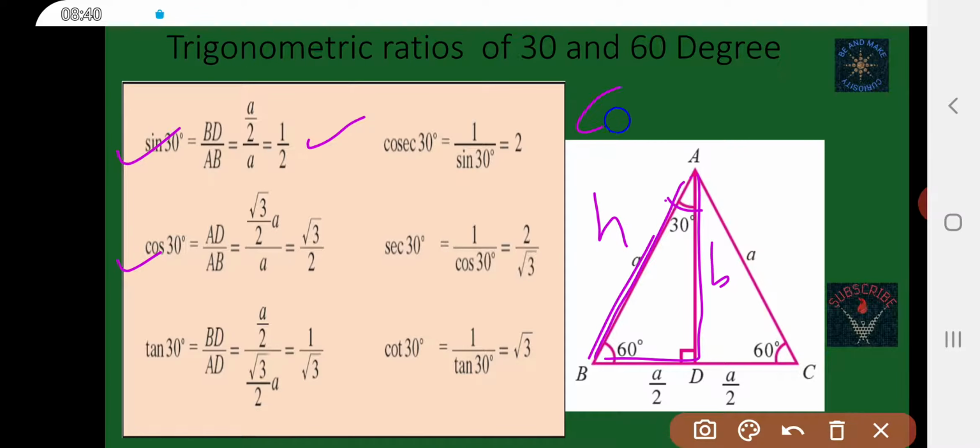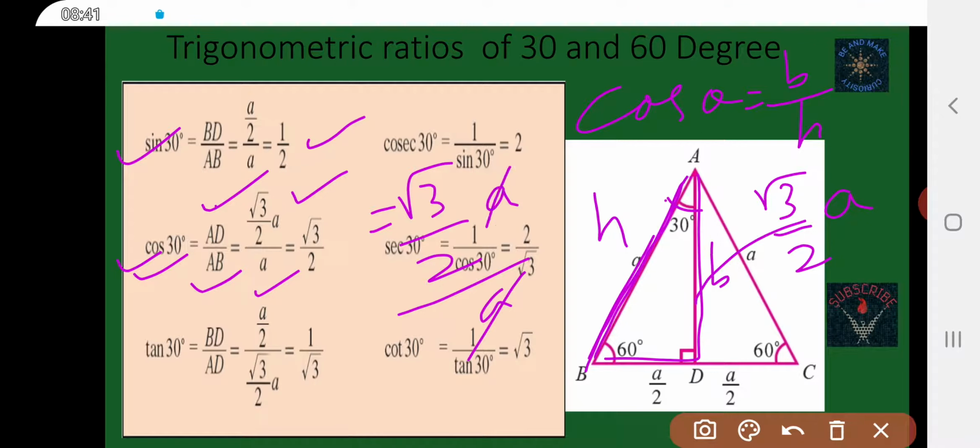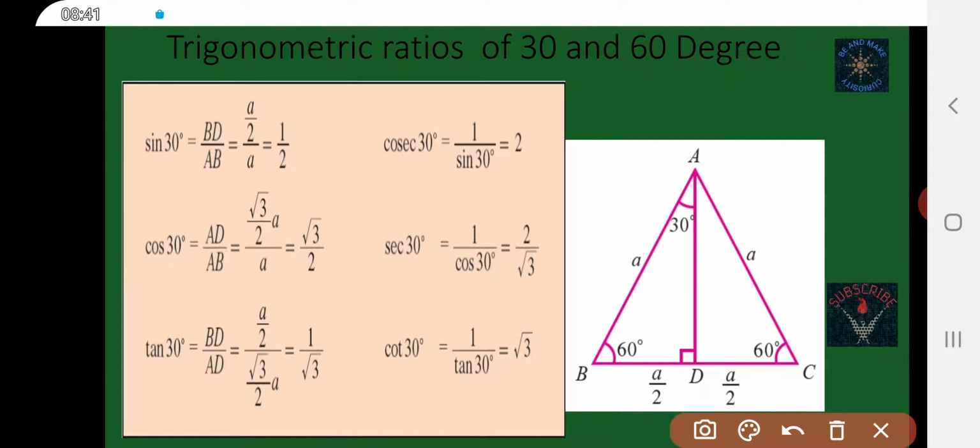So you know cos theta is equal to B by H. Here B is AD and H is AB, and AD is root 3 by 2 A, and AB is A. Now you simplify it, A cancels, then you get root 3 by 2 only. So here root 3 by 2.